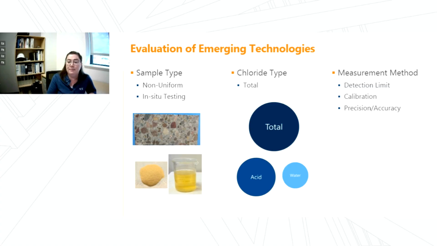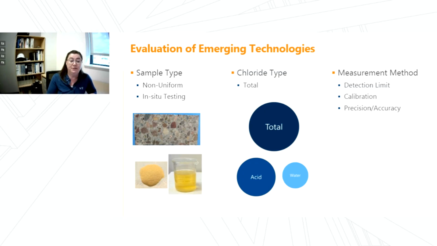The other thing we want to think about is our chloride type. We talk about total and acid and water-soluble chloride. These emerging technologies are measuring the total chloride. They're looking at everything that's available in the sample. Up until now, most of our testing has been done with acid and water-soluble chloride. So this is good.